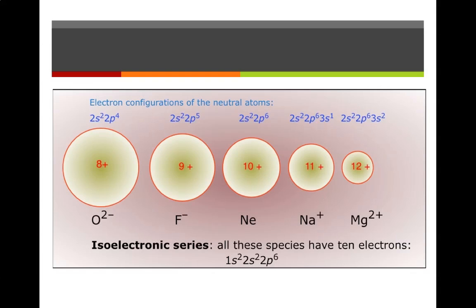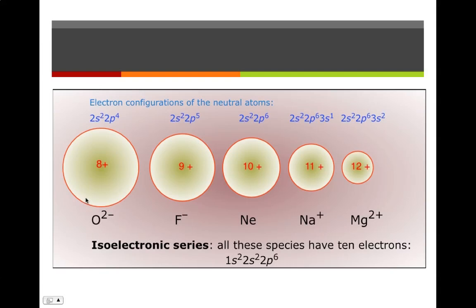So here's what we call an isoelectronic series. All of these have 10 electrons, and we can see that in the electron configurations here. They all have those 10, and they come from, like, oxygen has gained 2, fluorine has gained 1, neon is just that normal stable 10, sodium had lost 1, and magnesium had lost 2.